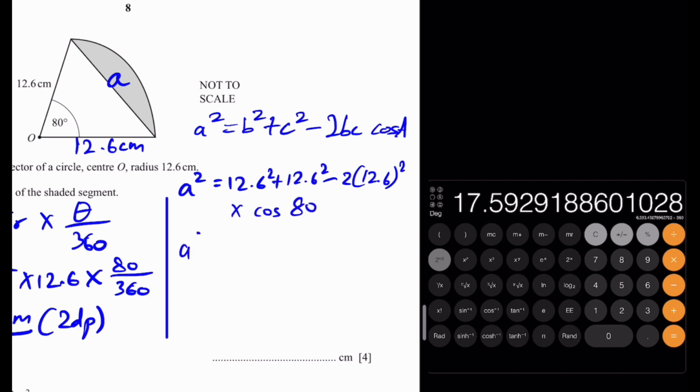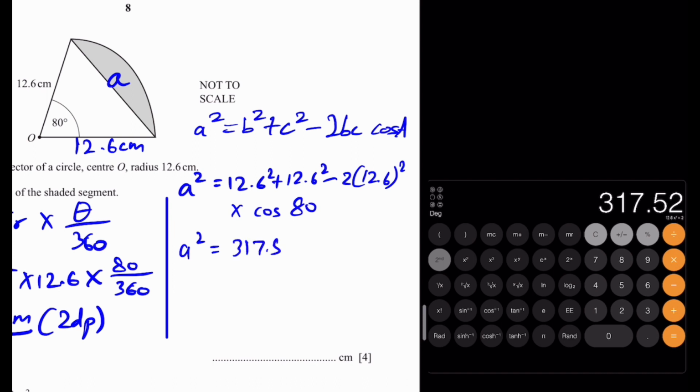So a squared will be, first let's do 12.6 squared plus 12.6 squared, which is simply into 2, so that will be 317.52, minus, let's do the rest of it, 2 into 12.6 squared, that will be 317.52 again, into the cos of 80.